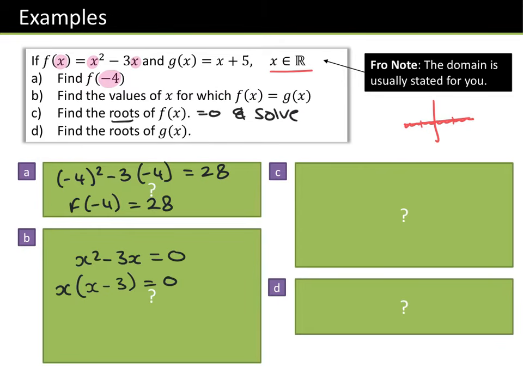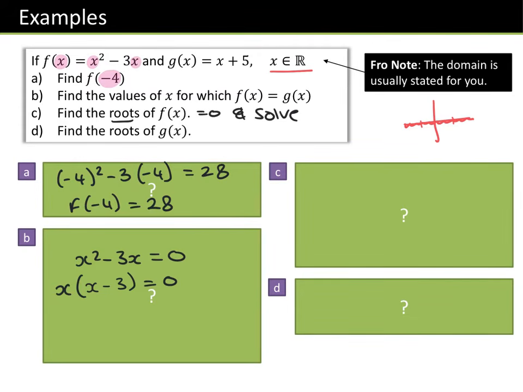Now again, how we find the roots. When does this equal 0? Now, either x has to equal 0 because 0 times bracket is 0, or the bracket has to equal 0 because 0 times this number will be 0.